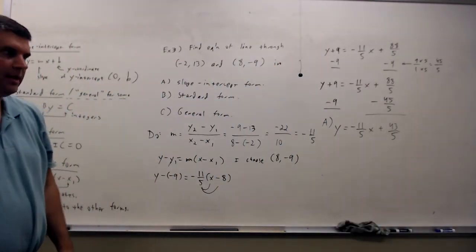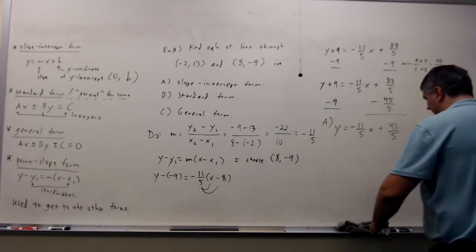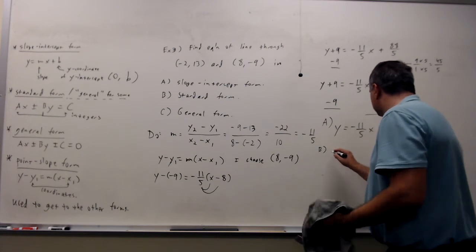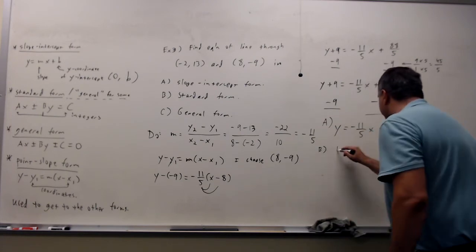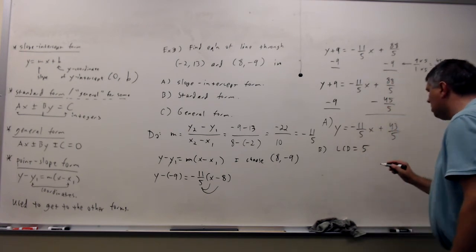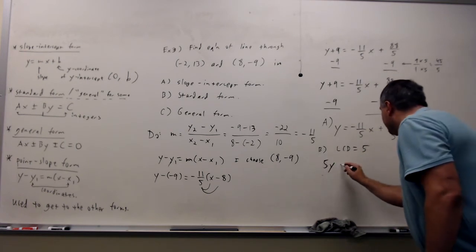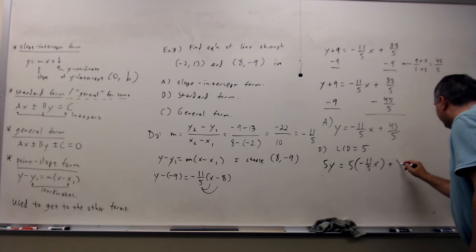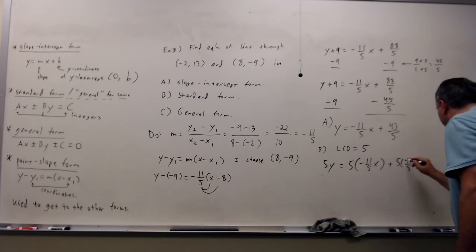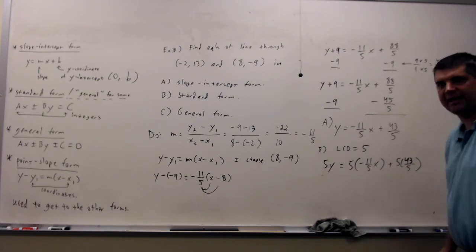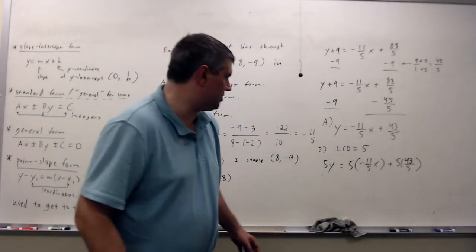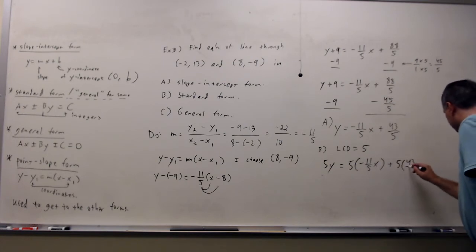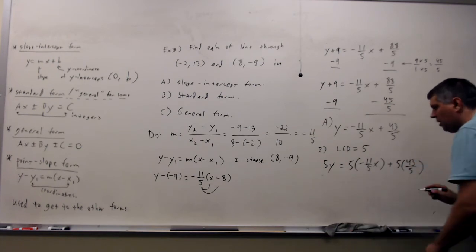All right, next part, B. The LCD is 5. So I will have 5y equals 5 times negative 11 fifths x plus 5 times 43 fifths. Like so. That doesn't look very legible, so I'll rewrite it. Okay.